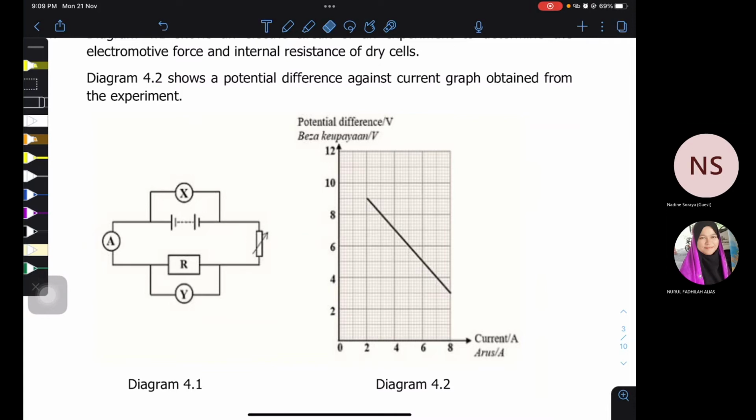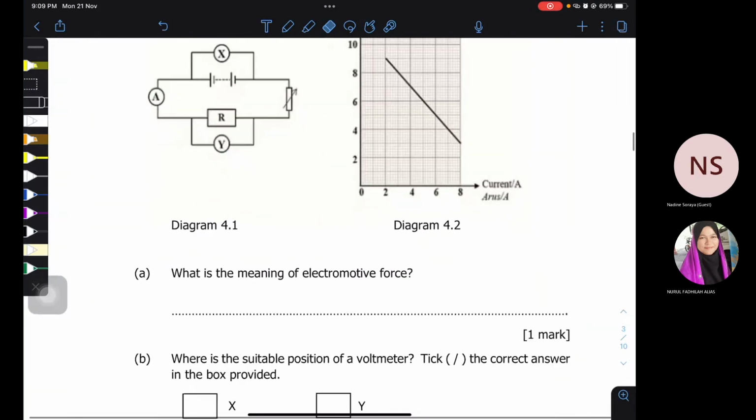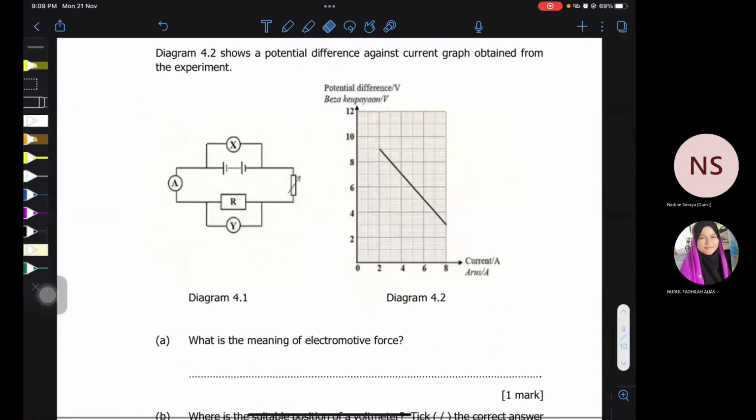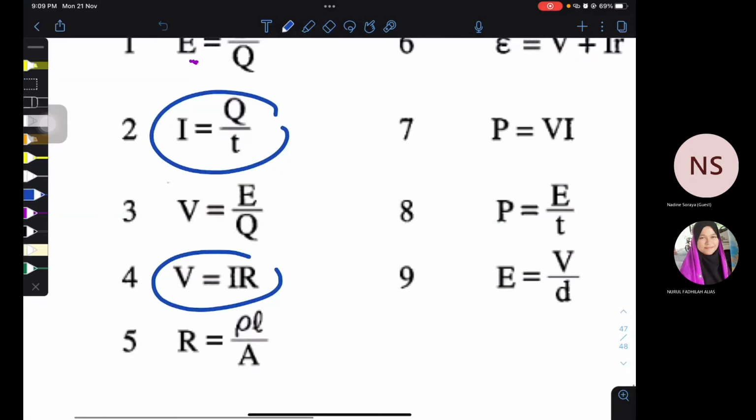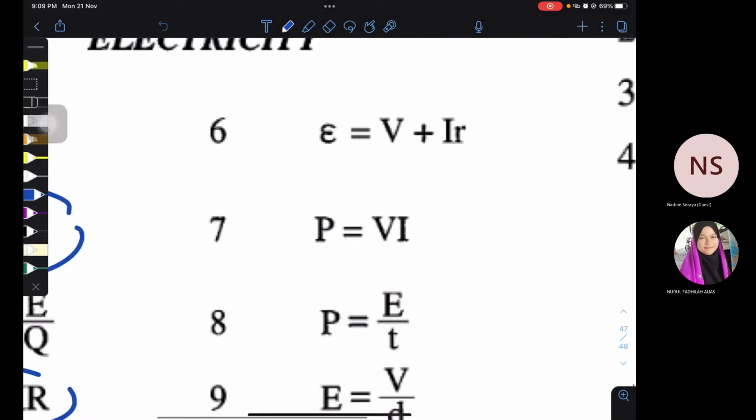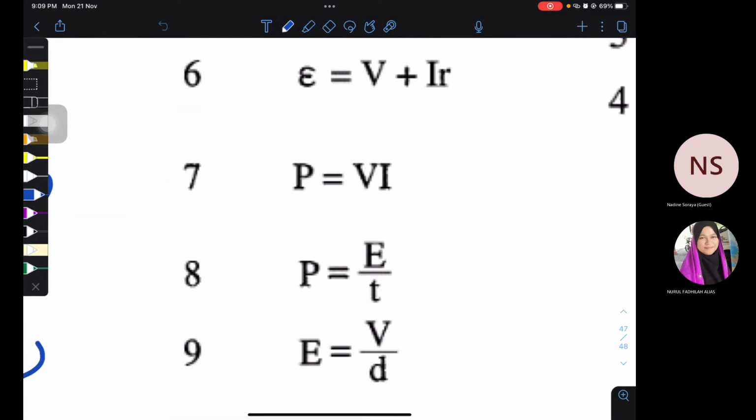Okay, and then what is the meaning of electromotive force? So ni nampak soalan sentiasa akan start dengan definitions. So what is electromotive force? So electromotive force kita tengok ada tak dalam formula sheet. So actually dia ada kat sini, epsilon ni represents EMF. Soalan tanya apa tadi?